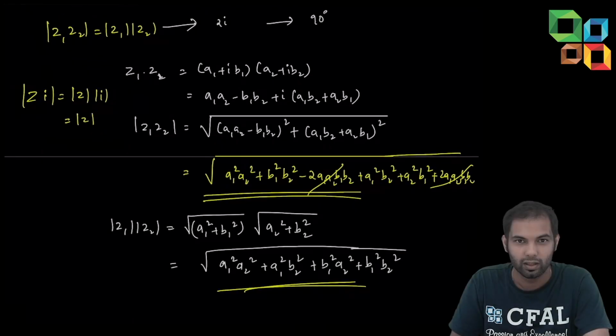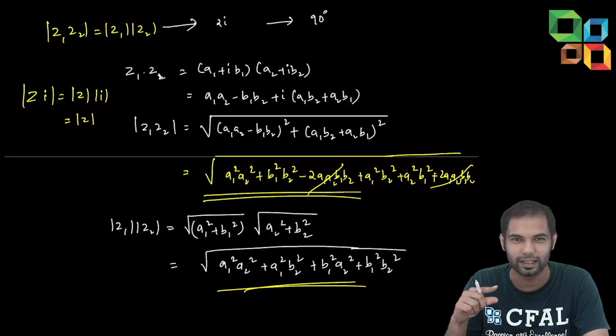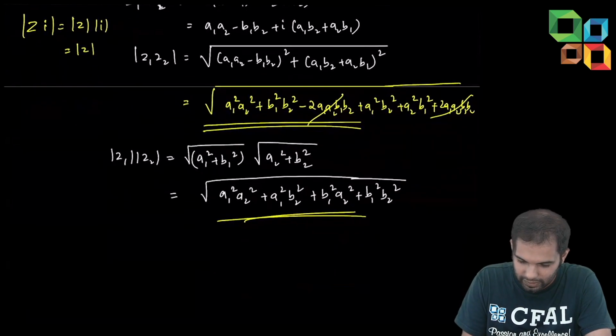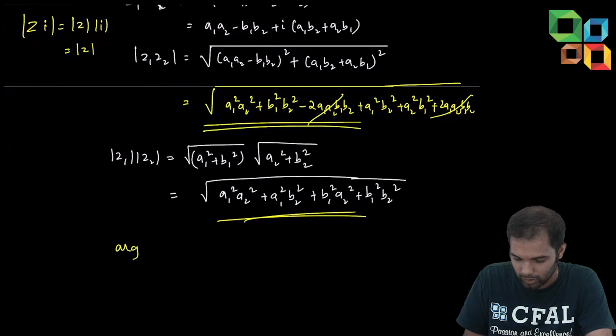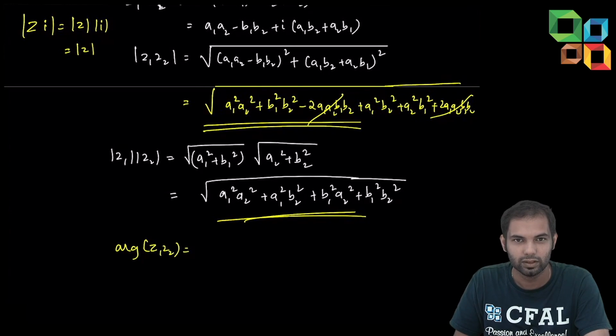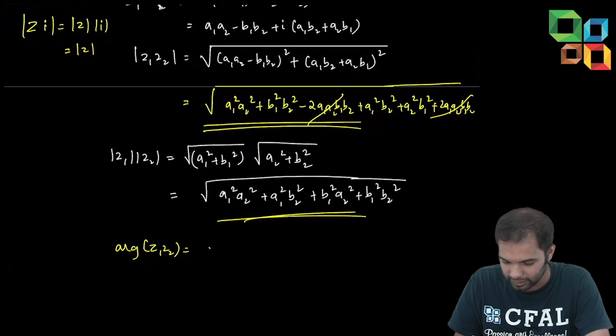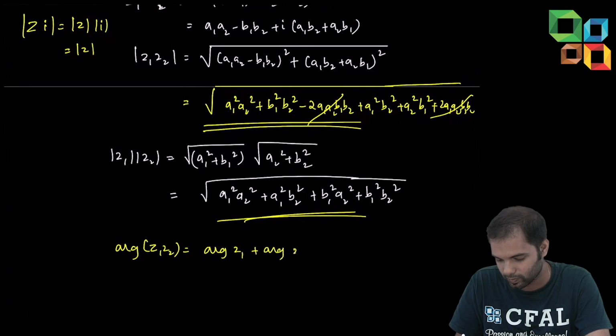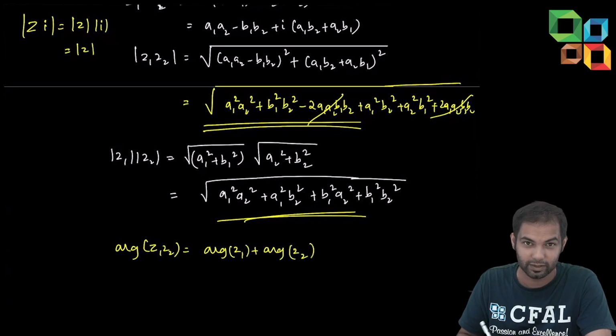Now we can talk in terms of angle about what is happening. Actually, when you multiply these complex numbers, the argument of the new complex number Z1 Z2 is nothing but the argument of Z1 plus the argument of Z2, the sum of the angles. Now you can look at the same case we did.